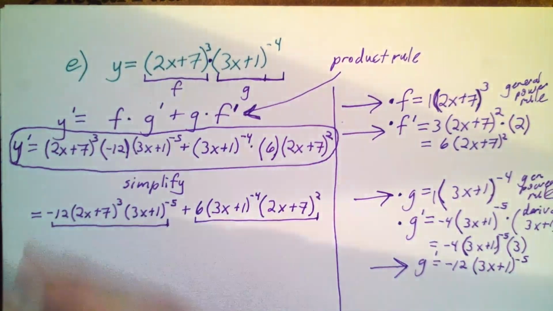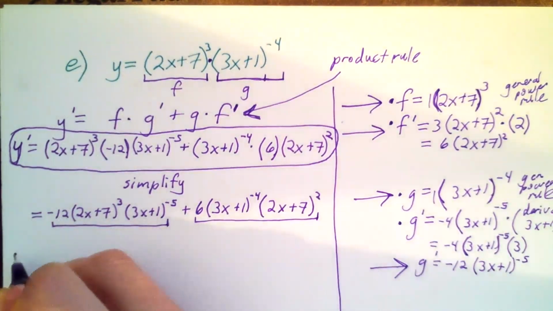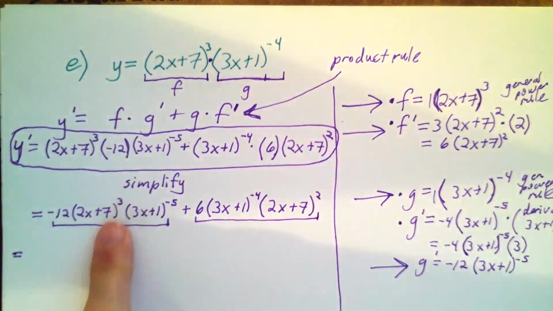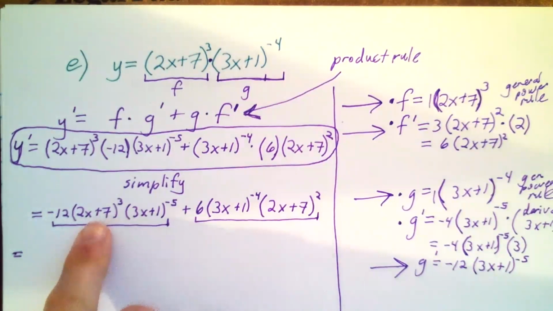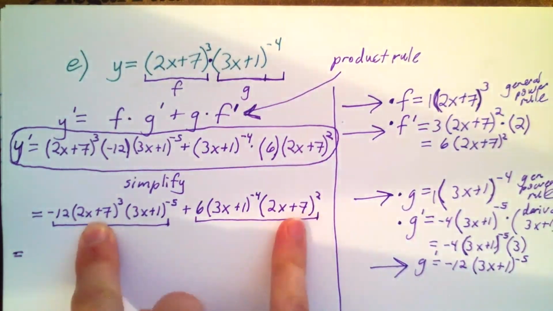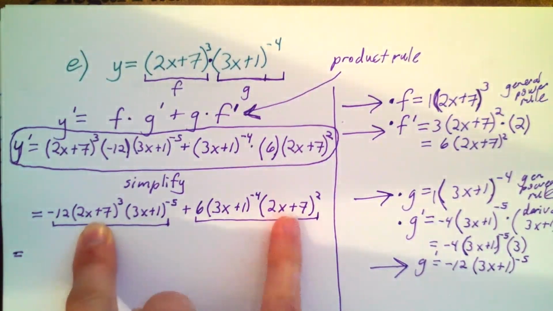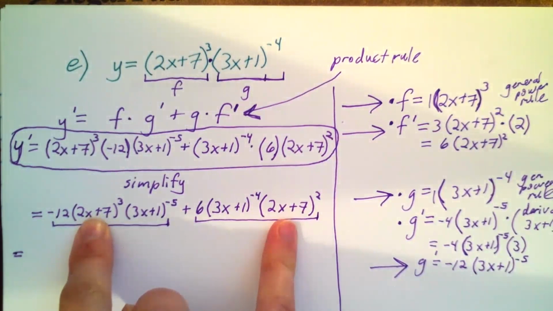So this is where we have to kind of dissect this a little bit. If I look at first both of these terms, and I just look at the 2x plus 7, this is 2x plus 7 cubed, that's 2x plus 7 squared. So just between those, what is the greatest common factor between them? This has a cube, this has a square, so I can pull out a 2x plus 7 squared.